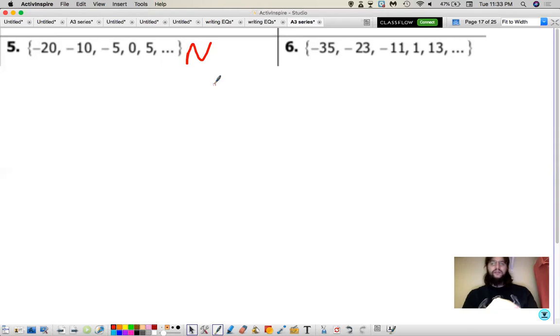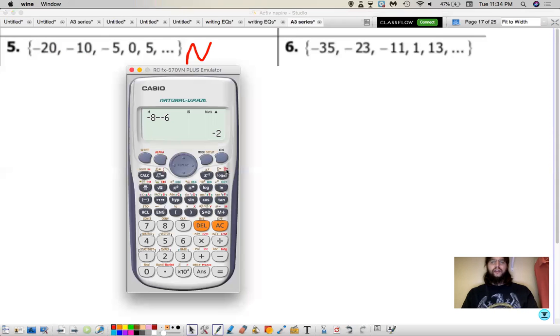Every single consecutive term must have the same difference. So yeah, it looks like it's 5, but no, it's not. This one went from negative 20 to negative 10, so it went by 10. Not arithmetic.